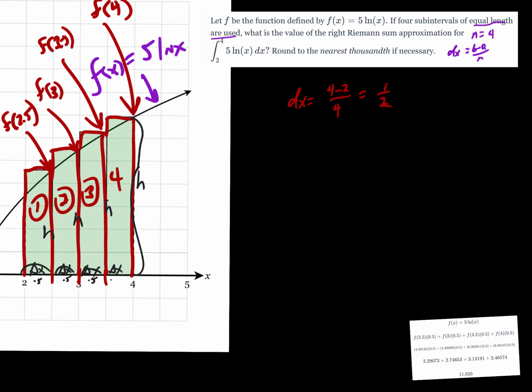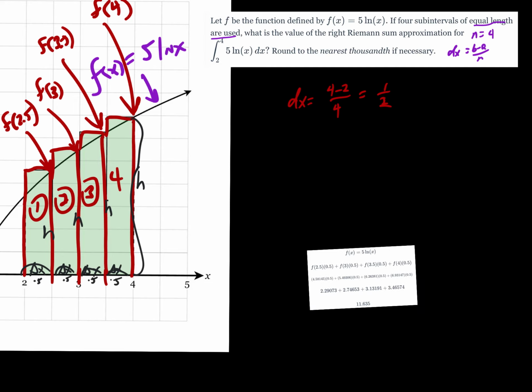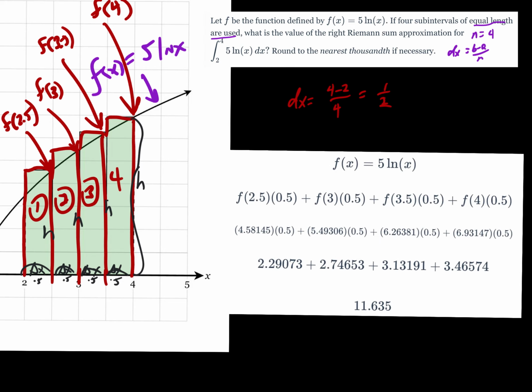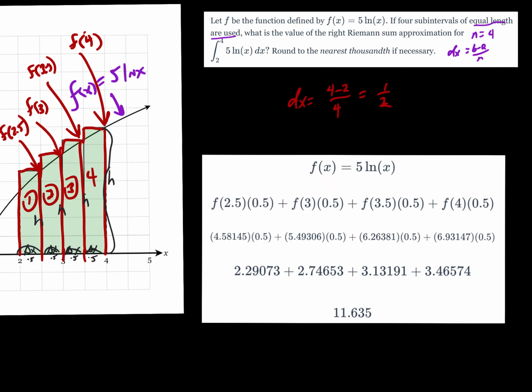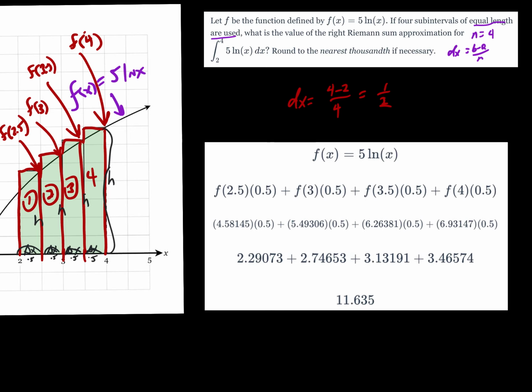They all have 0.5. So now, if we look over here, I decided to do it this way. It's easier to see, and easier to read, of course. So f of 2.5, what is that? This is your function. If you were to plug in 2.5, it's 5 times the ln of 2.5.